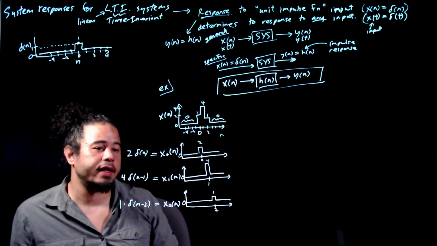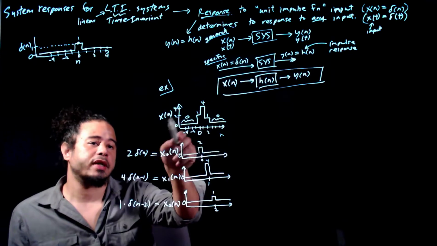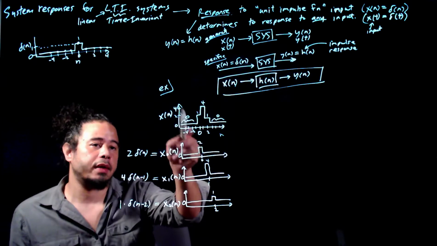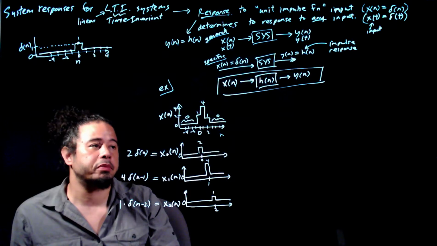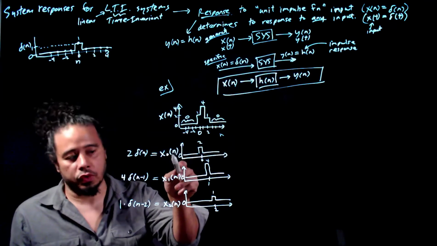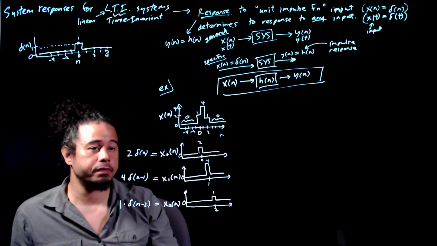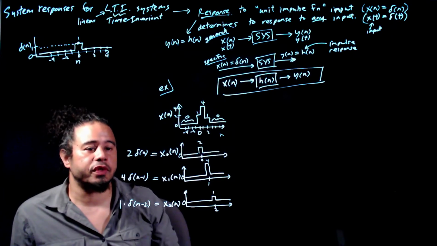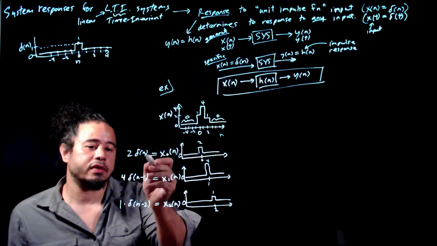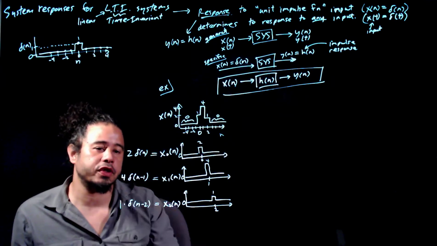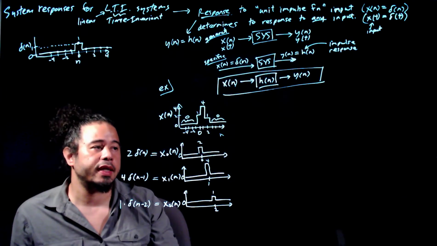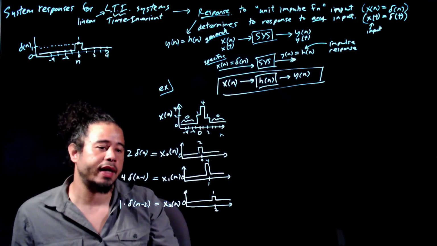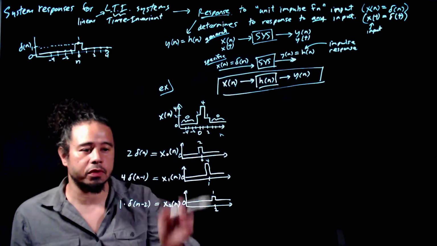The first is that if you break down some function into the sum of multiple components, then the response to that input function would simply be the sum of the responses that you would get for the individual components. The second tenet of a linear system is that if you take a scaled version of a function as an input, then the output is simply going to be a scaled version of the response to that input, where the scaling between input and output is the same.